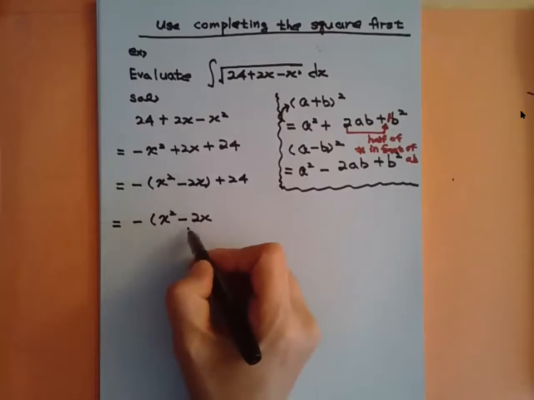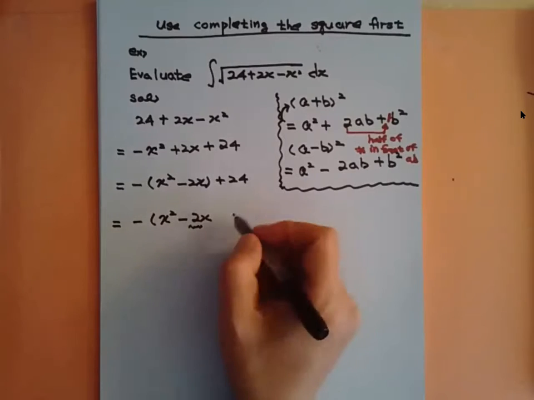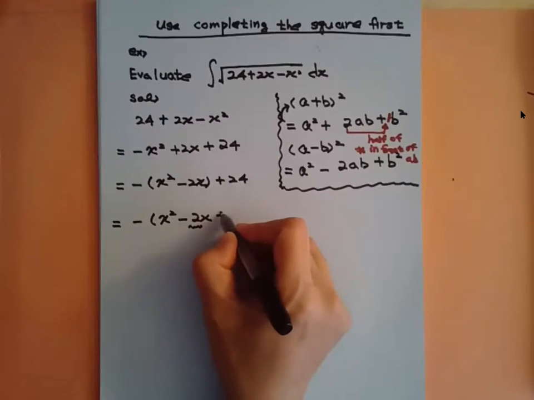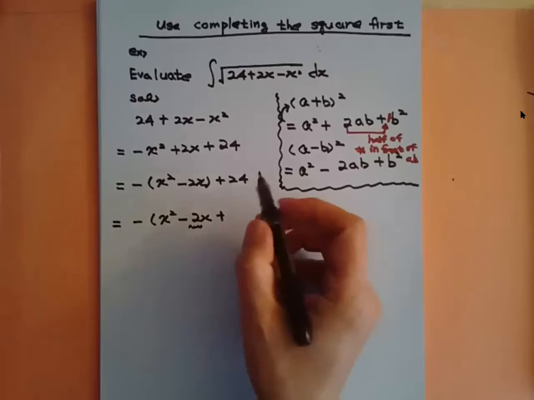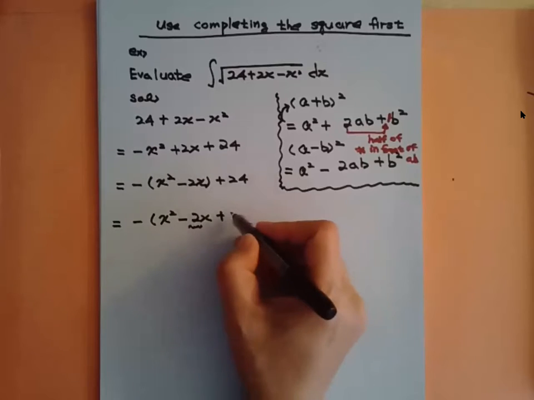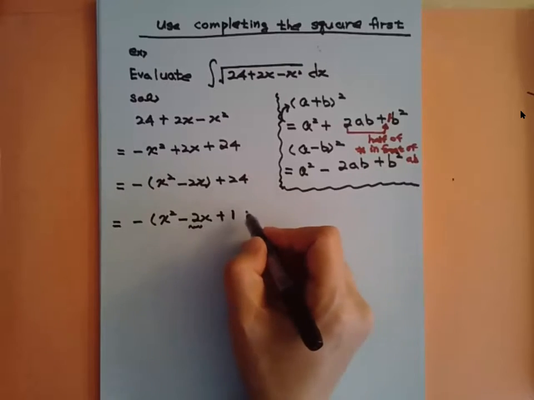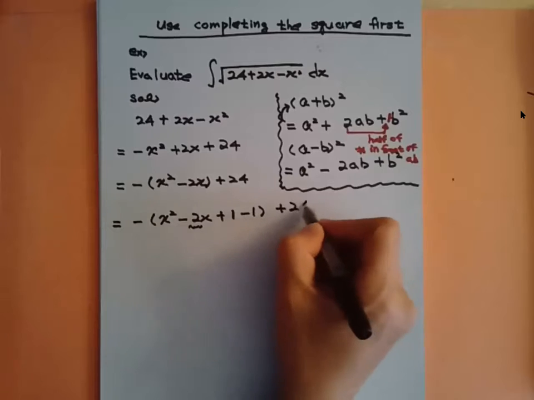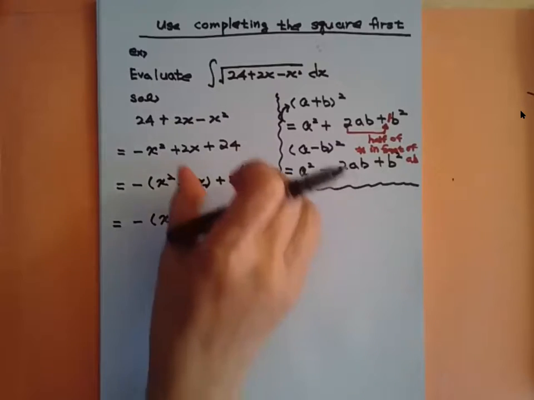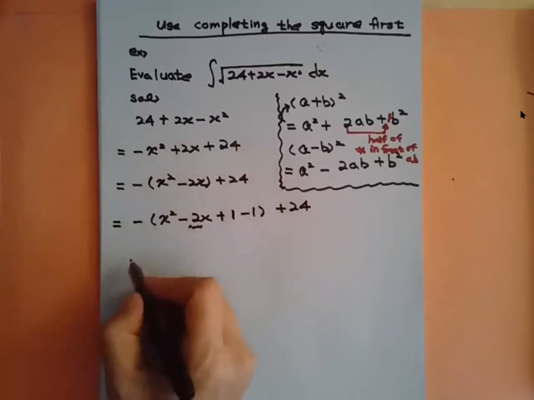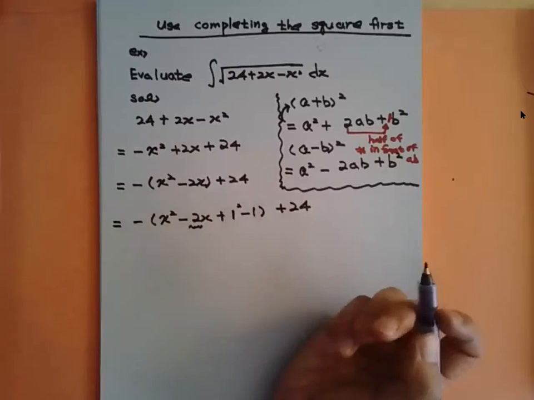We think about the half of this number. So this is 1 squared, and minus 1, and then plus 24, because the root must be the same.